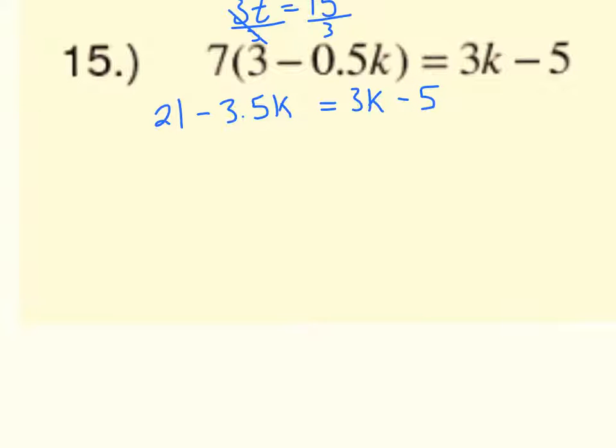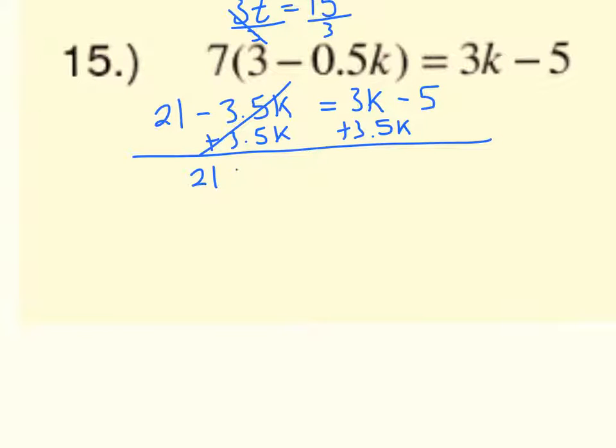Okay, so we need to get the terms together by combining the like terms. So I'm going to add 3.5k to both sides. That's going to cancel there. 21 equals 6.5k minus 5. To get rid of the 5, I will add 5 on both sides.